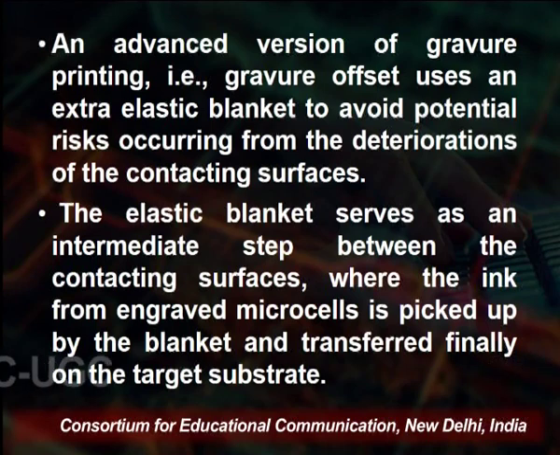This elastic blanket serves as an intermediate step between the contacting surface, where the ink from the engraved microcell is picked up by the blanket and finally transferred to the target substrate.